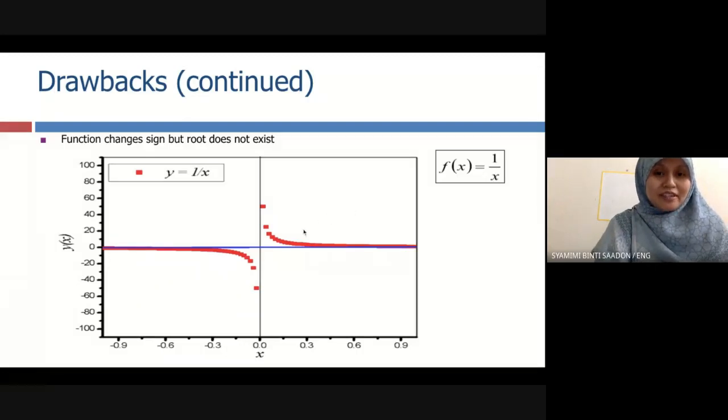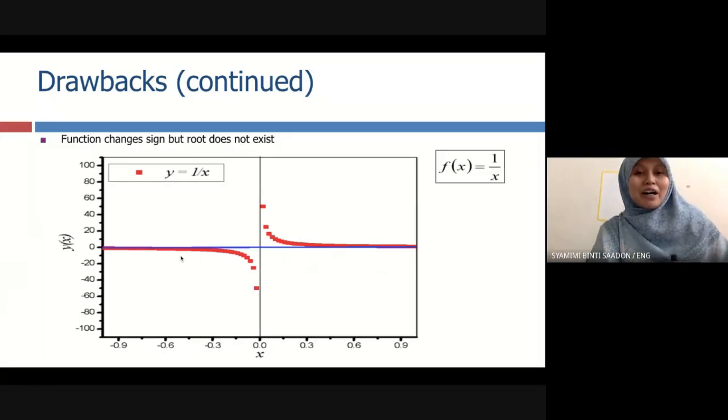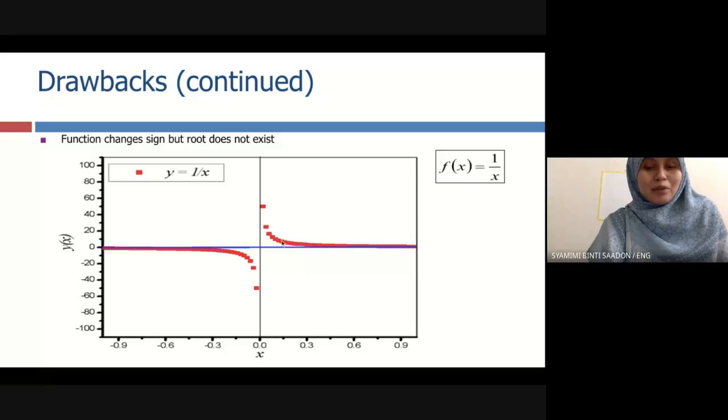It's just that the root doesn't exist, or the root is plus infinity or minus infinity. So we can't use the bisection method to solve this equation, because it doesn't really touch 0 until infinity.